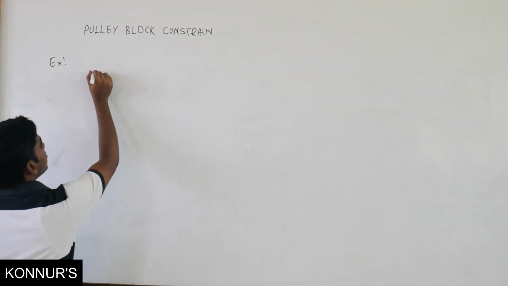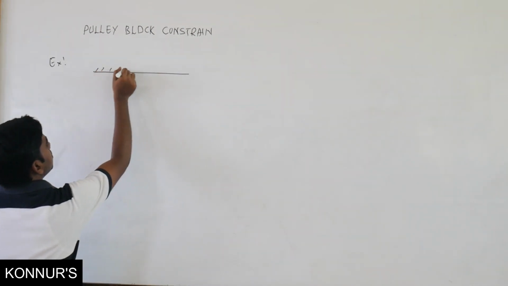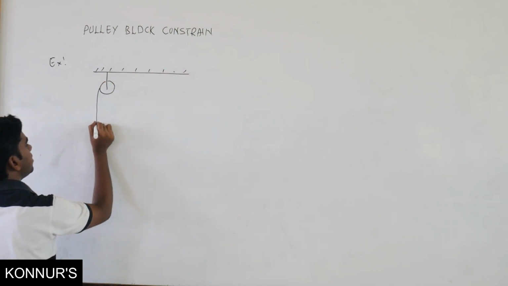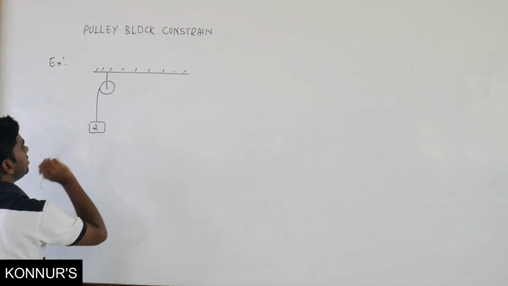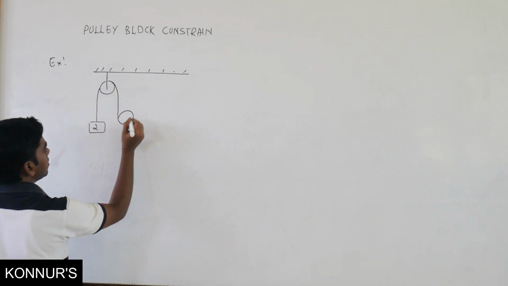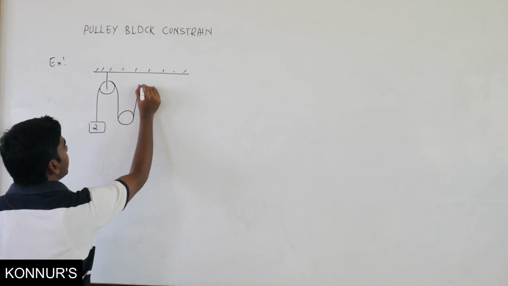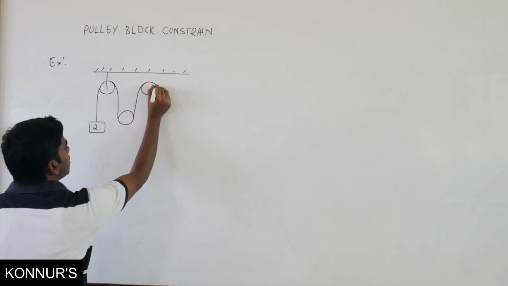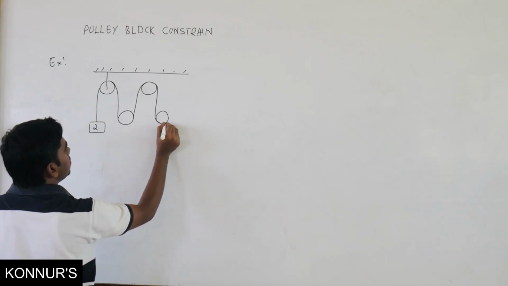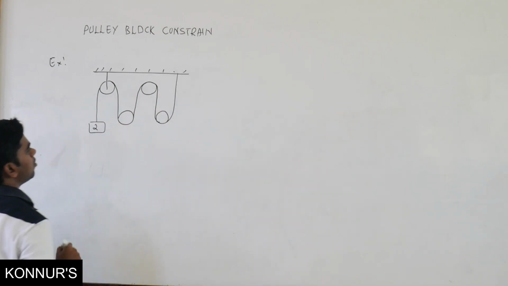So we will take one more example. Suppose one pulley is connected here, to that some mass, say 2 kg, is connected. To this another pulley is connected, and from here one more pulley, and this is going to connect to a rigid support.